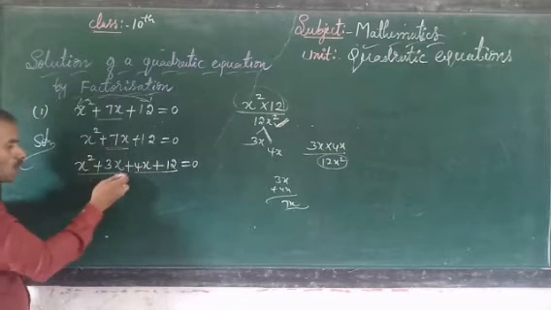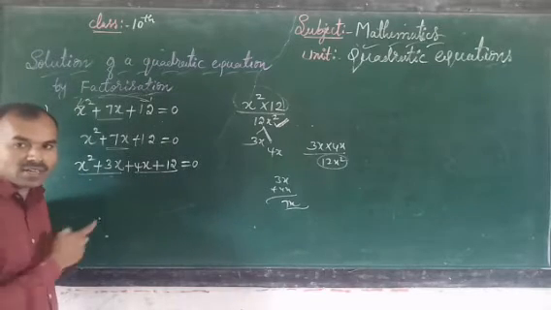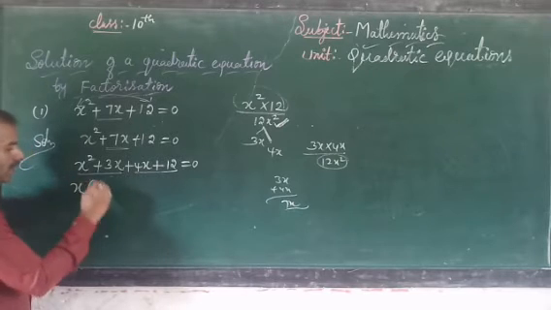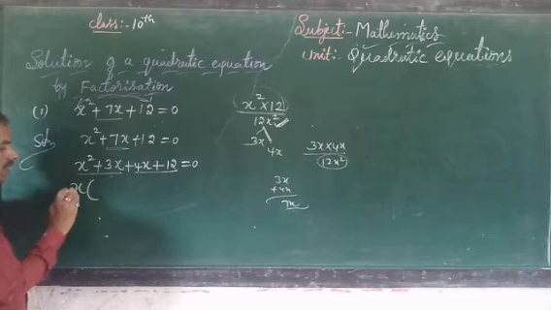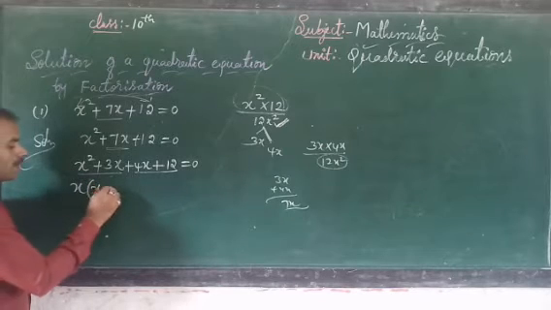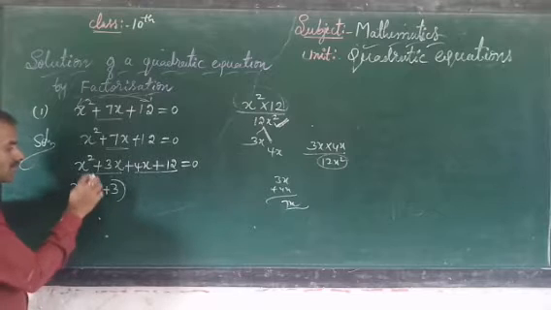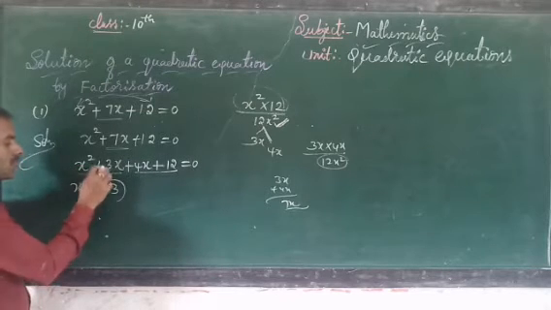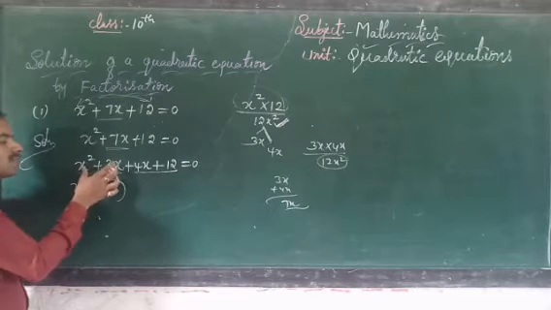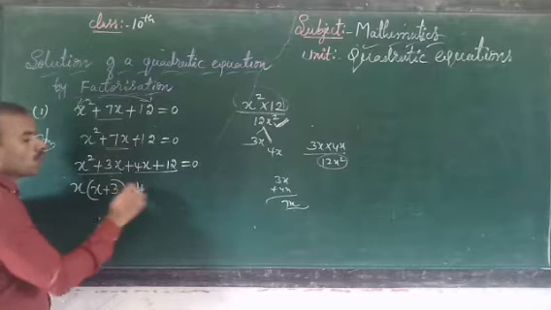In the first group, I take common factor. Can you say the common factor here? Yes. X is the common factor. If you take x outside, here the remaining term is x and here the remaining term is 3. If you multiply x into x square plus into plus x into 3x, we get the same answer. So here the common factor is 4.